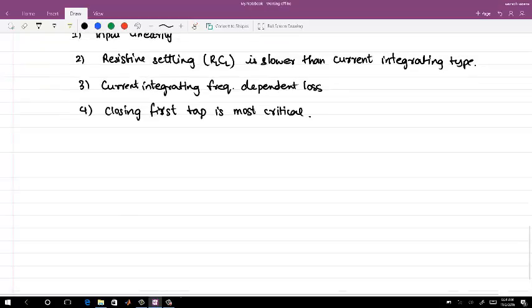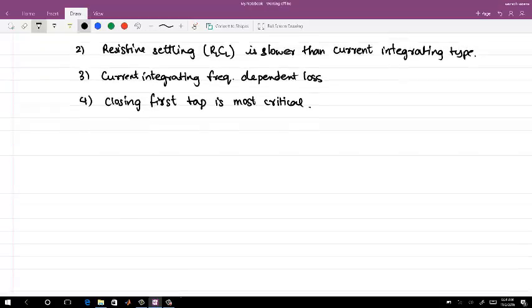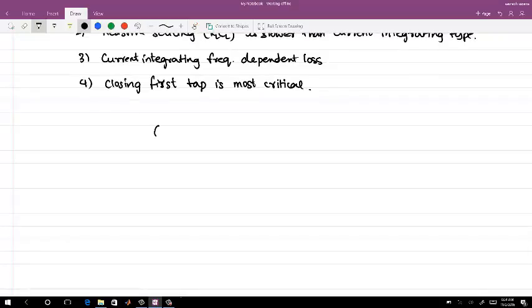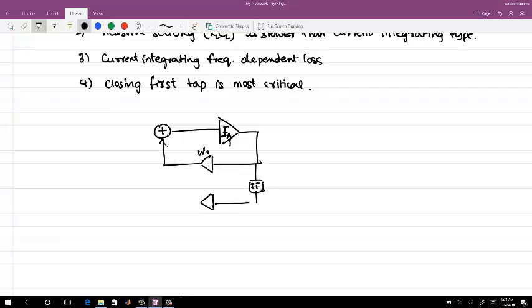So let me just plot the block diagram for the DFE, to look at what we can do. You have a comparator, and this is W0, one flip-flop, W1, let's put it this way, W2, and V in is coming here.